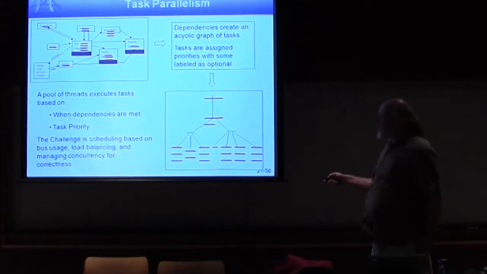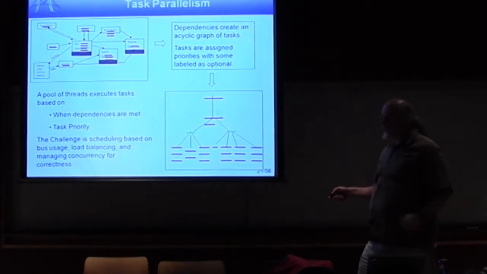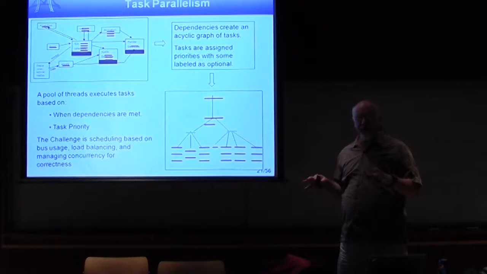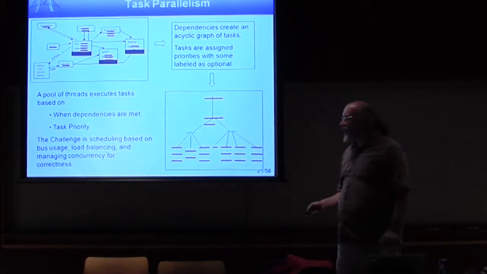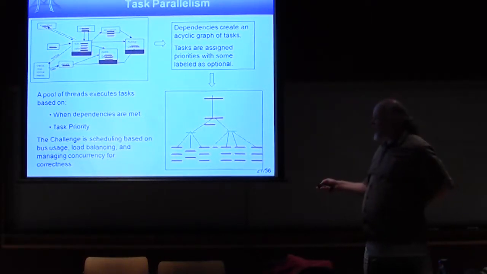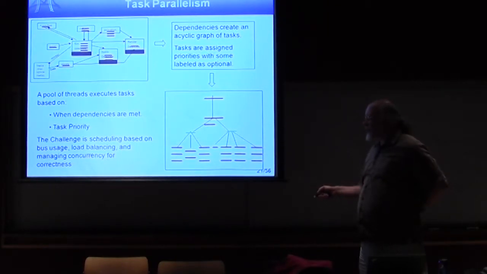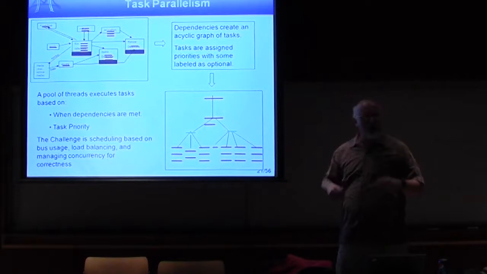Based on how the dependencies are met and the task priority, and because we have sparse and scarce resources on our actual processor, the challenge is how to schedule these based on their priorities and utilize our hardware so that our bus utilization, our load balancing, and concurrency for correctness all get satisfied.